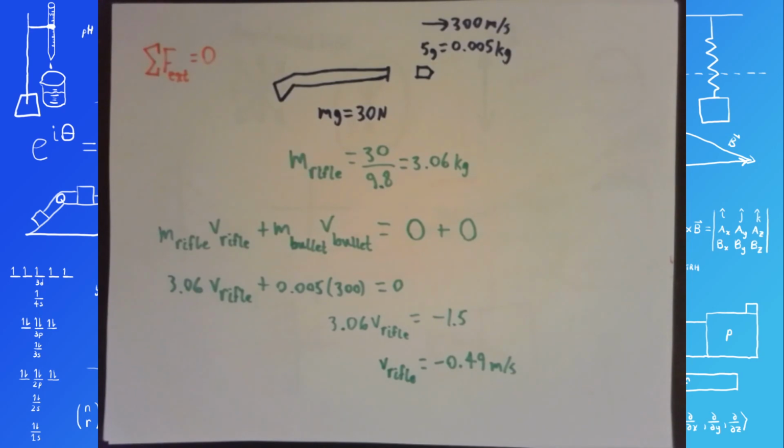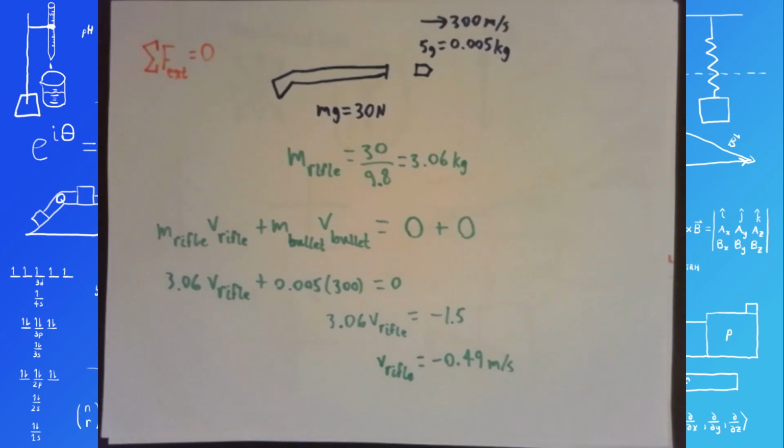You would rewrite it as 0.49 meters per second backwards or towards the person firing the gun. And actually, it says find the recoil speed of the rifle, so even more reason not to keep the negative sign in your final answer, because it didn't ask for velocity, it asked for speed, magnitude only.